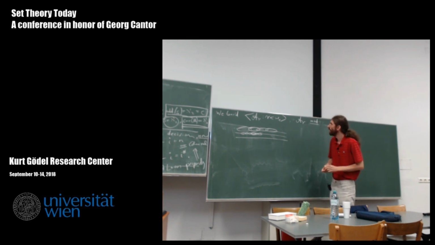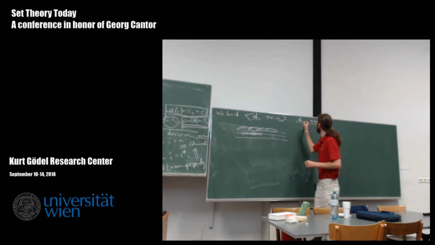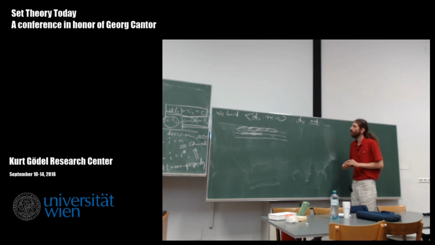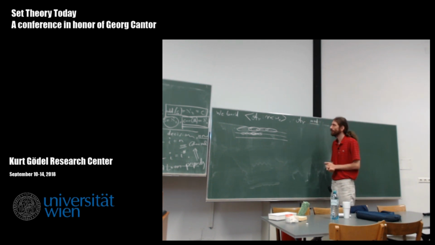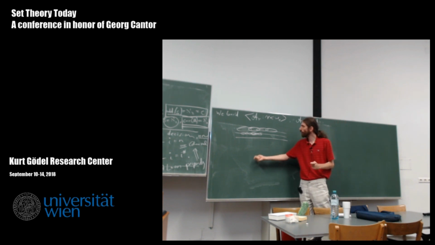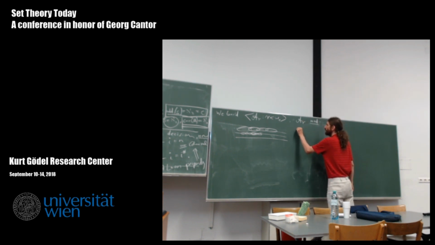And now if you have such a family of mad families, h equals aleph 1 is witnessed if there is no real intersecting it. So what do I mean with this?